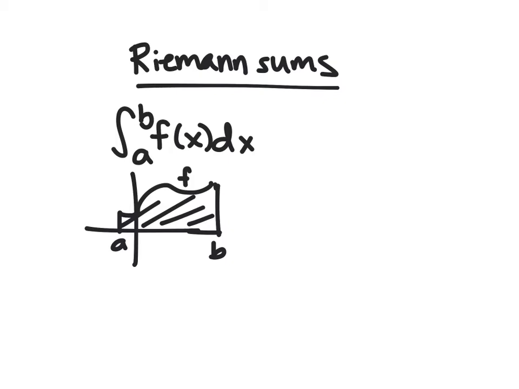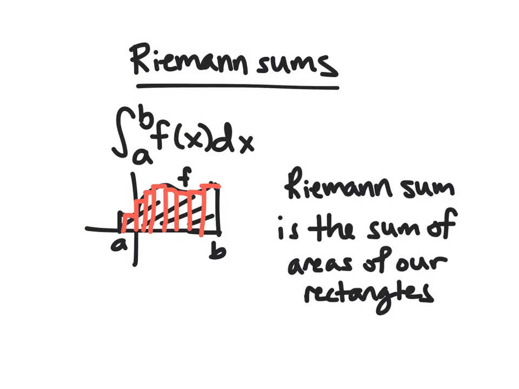I don't really know what the area of that shape is, and so what we do, we approximate it with rectangles, right? And the whole point here is that as you make your rectangles thinner and thinner, this approximation gets closer and closer to the actual area, right? And then a Riemann sum is just the sum of the areas of our rectangles. So that's where the sum comes into play.